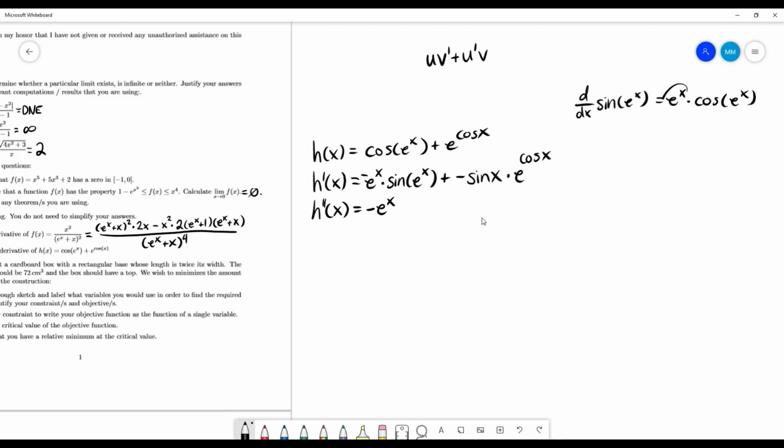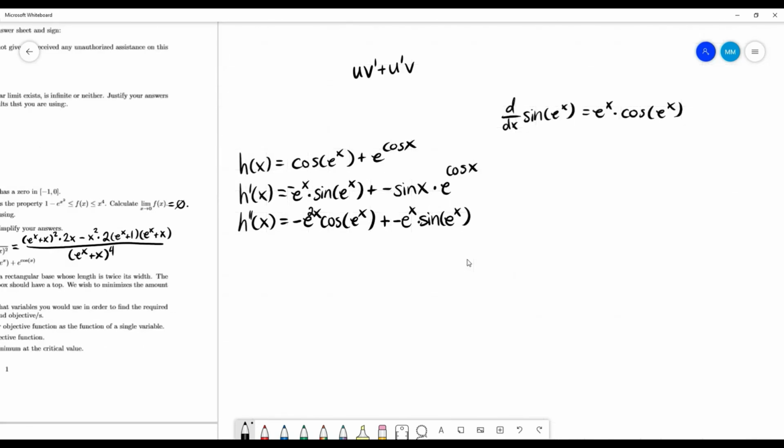So I'm going to have e to the x times e to the x, so it's going to be e to the 2x times cosine of e to the x. And that's just this first part, so now I have to do the second part, so that's going to be the derivative of negative e to the x, which is just negative e to the x, then times that for that second term.